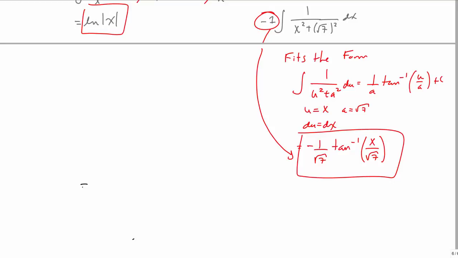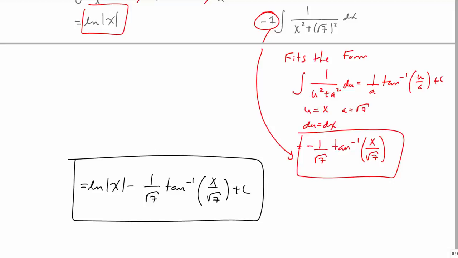My final answer then would be natural log absolute value of x minus 1 over root 7, which you can rationalize if you'd like to, inverse tangent x over root 7 plus c, my constant of integration. There's really nothing I can combine there, but like I said, you could go ahead and rationalize those denominators, but it's not necessary.